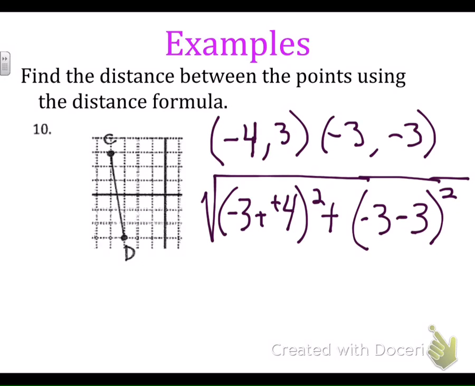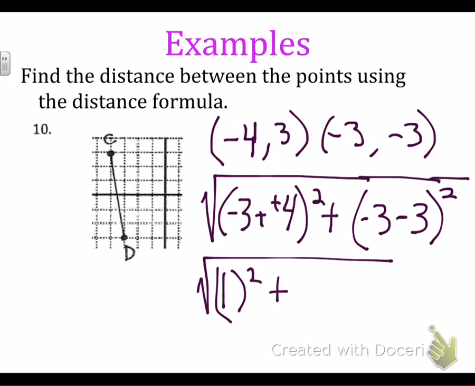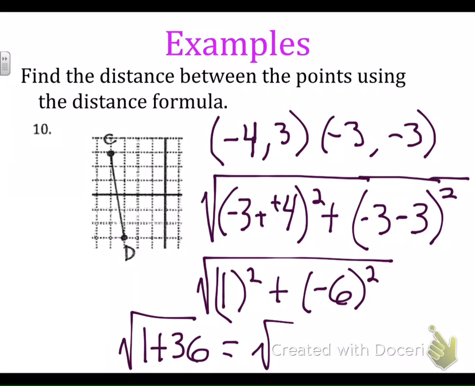Alright, so we're going to change that into a positive, so negative 3 plus 4 equals 1. So 1 squared plus negative 6 squared. So that would be square root of 1 plus 36, which equals the square root of 37, which equals 6.1.